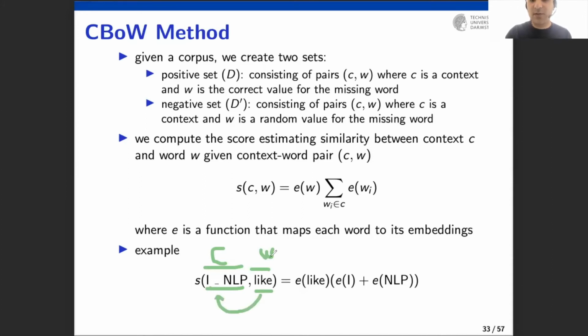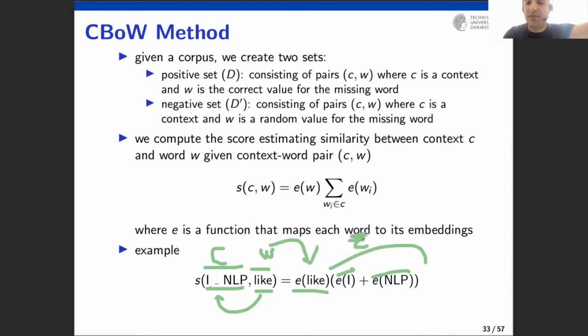What we do is use the embedding of W. Let's say it is a randomly initialized vector, that's fine. Whatever vector we decided to have as the embedding for the word, we use it as the representation of this word, and we use the embedding of any word in the context, like I and NLP, and compute the sum of them as the context vector.